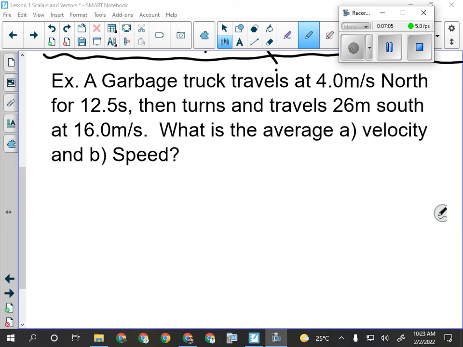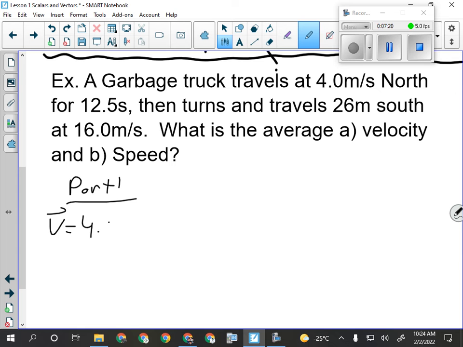All right, so if I'm going to solve a two-part question, I have to write down my givens organized by section. It tells me that in part 1, or the first part of the trip, it travels at 4 meters per second north. So it gives me the velocity for part 1, and it gives me the time for part 1, 12.5 seconds.